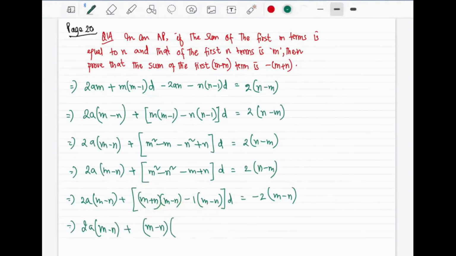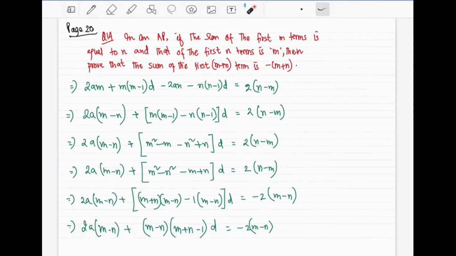So put the remaining stuff, m plus n minus 1, and there is a d outside, is equal to, look, m minus n, m minus n, m minus n. The m minus n is in all the three terms on both sides. So you can just cancel them out. How are we canceling them out? Because if I take m minus n from here as common factor, then 2a will be remaining, m plus n minus 1 d will be remaining.